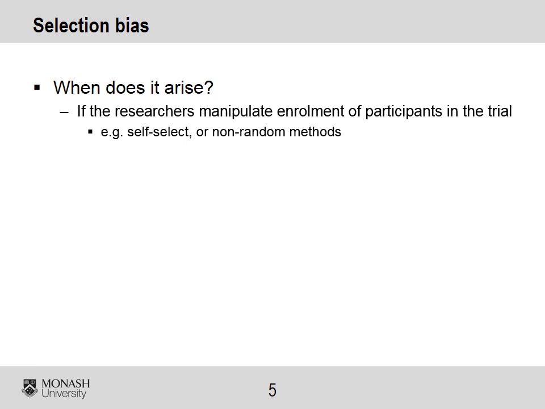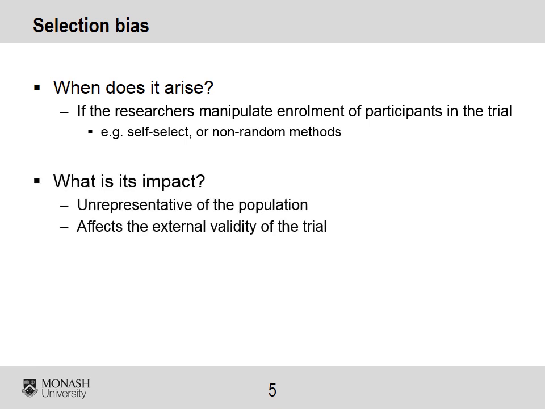If we don't start with an even playing field, then any differences that we see between the two groups, intervention and control, really can't be attributed to the intervention. It may be more so attributed to the imbalance at the start of the trial.